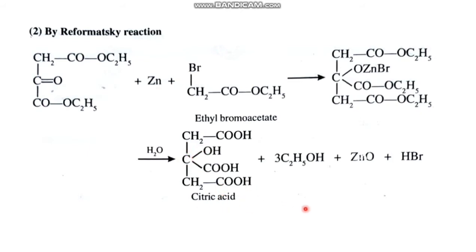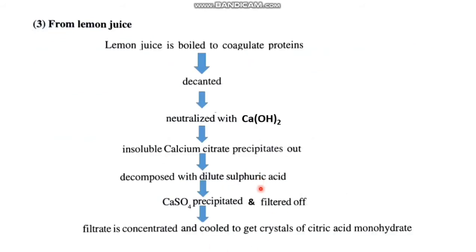We get citric acid. So citric acid can be prepared by the Reformatsky reaction involving the condensation of diethyl oxaloacetate with ethyl bromoacetate in the presence of zinc, followed by hydrolysis. We get citric acid.